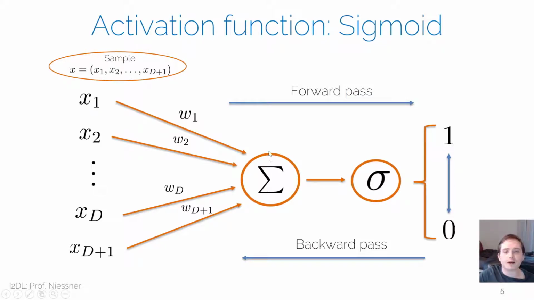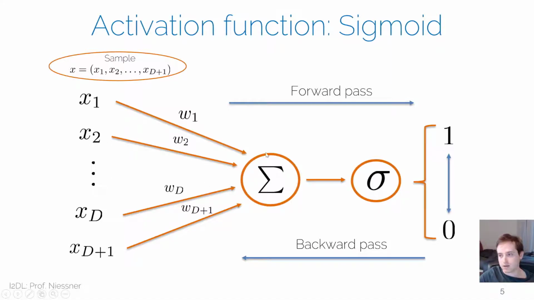In practice, what happens is that you don't just do it for one sample, but you have all the samples. You have n samples that are stacked on top of each other. So the input here is a matrix of dimensions n by d plus 1, and then you multiply it by the weights, and for each sample you basically get one value, but because you have many samples, you have n rows here.